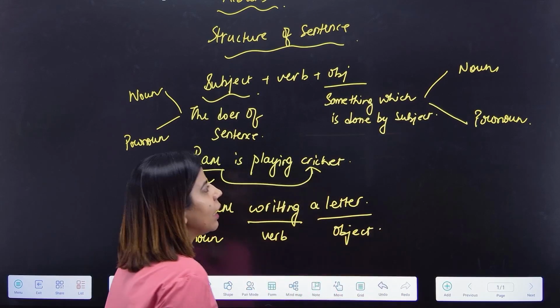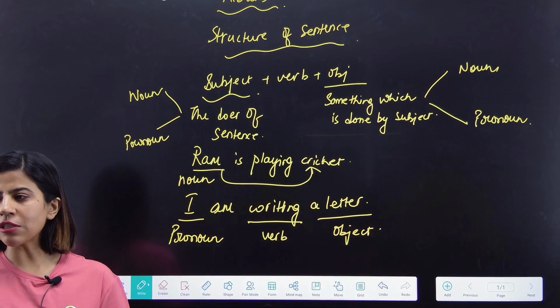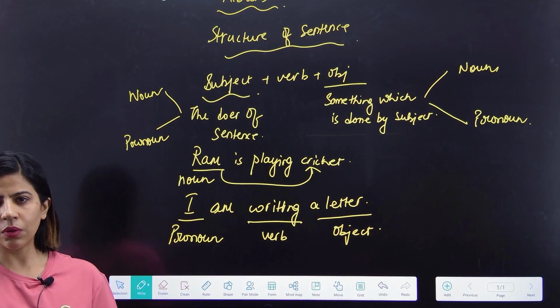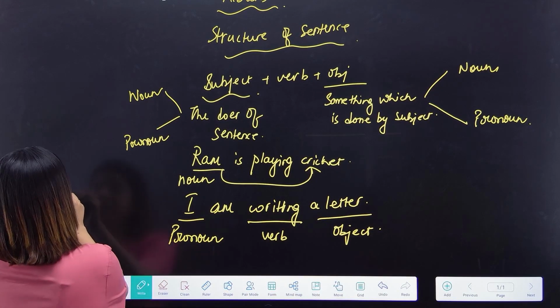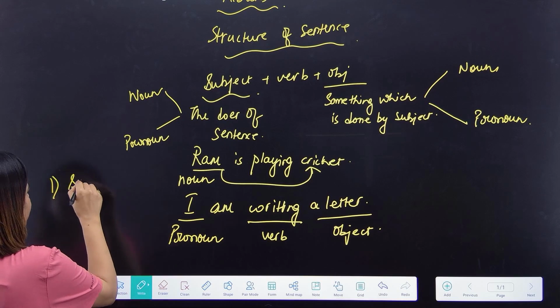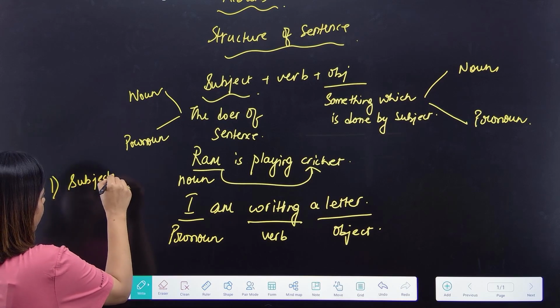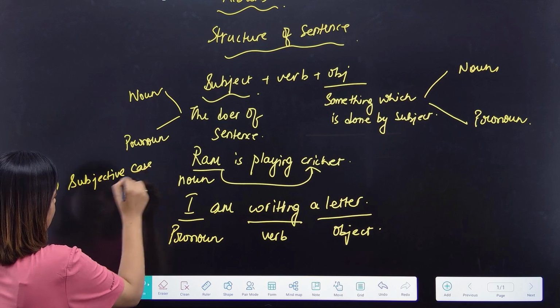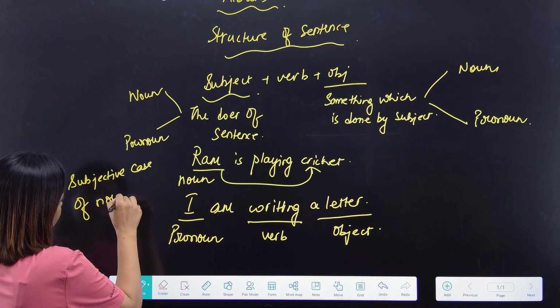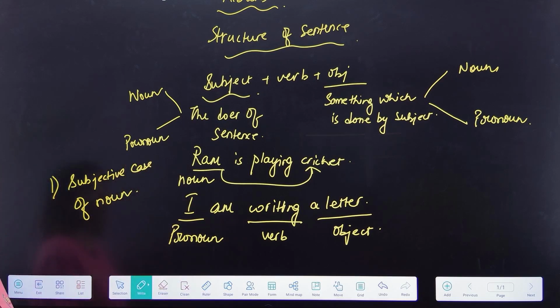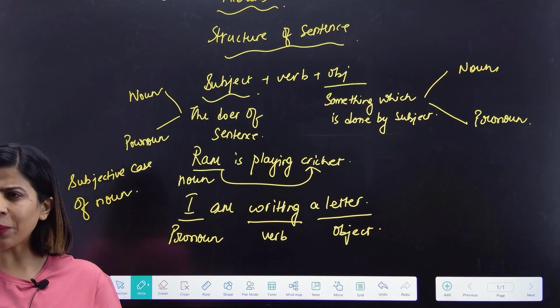object. Now we'll be talking about the first case of noun. The first case of noun is subjective case of noun. When I say subjective case of noun, it is nothing else but the subject.